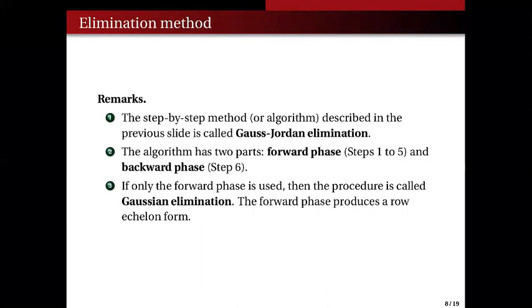Okay? Gaussian elimination. The forward phase produces a row echelon form. So if only steps 1 to 5, you have Gaussian elimination. If you were asked to use Gauss-Jordan elimination, you have to include step 6.